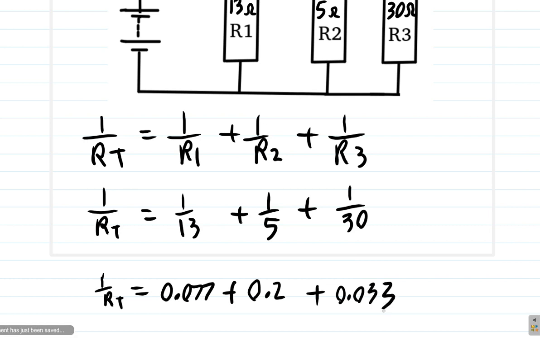I'm keeping to at least 3 decimal places while working out. When I'm finished working, I can round off to less than 3 decimal places.